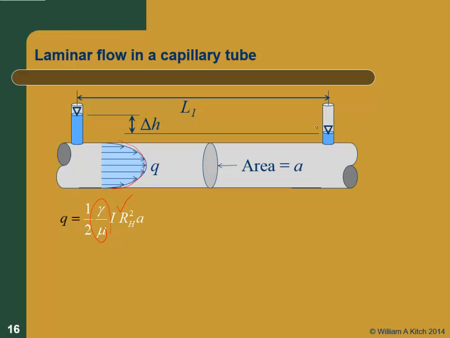times I, which was my pseudo hydraulic gradient, times RH squared divided by A, and you may or may not remember, but RH is the hydraulic radius, right? It's the area divided by the wetted perimeter. This is firing some old synapses in the back of your mind that you had from fluids. We don't have to derive any of this.